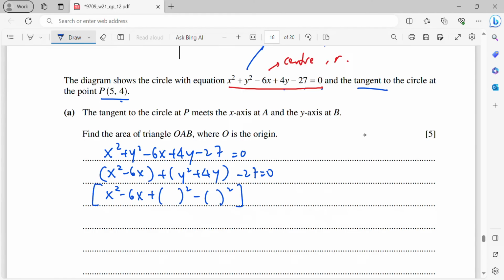Inside the brackets, it should be minus 6 divided by 2. Always take the coefficient of x and divide by 2. Same goes for the y. I will write y squared plus 4y, then plus bracket square minus bracket square, and then minus 27 equals 0. The term inside the bracket will be plus 4 over 2.